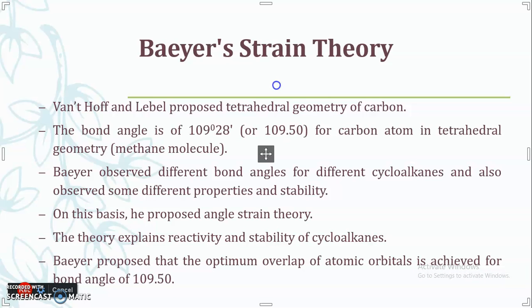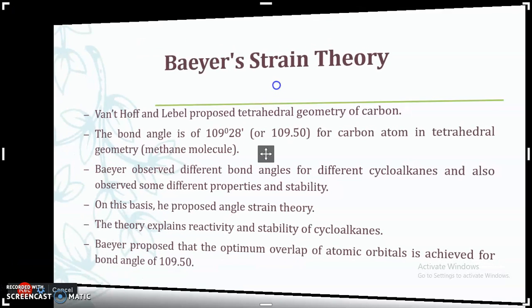Now Baeyer proposed that optimum overlap of atomic orbitals is achieved for the bond angle of 109.5. Means if carbon has to maintain the tetrahedral geometry, then optimum overlapping is possible in that case, and the bond angle is maintained at 109.5.